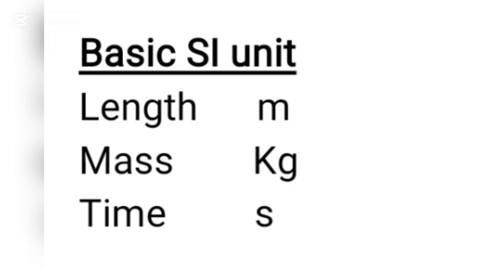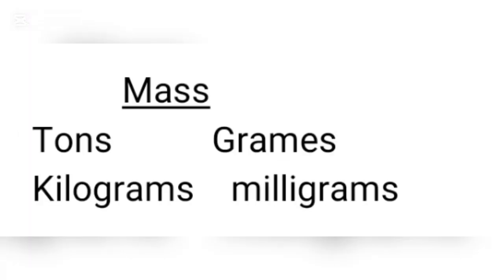Before any measurement is made, the unit has to be defined. Different systems of units have been used in time past for measuring various quantities. For example, the measurement of mass can be done in tons, kilogram, gram, or milligram.